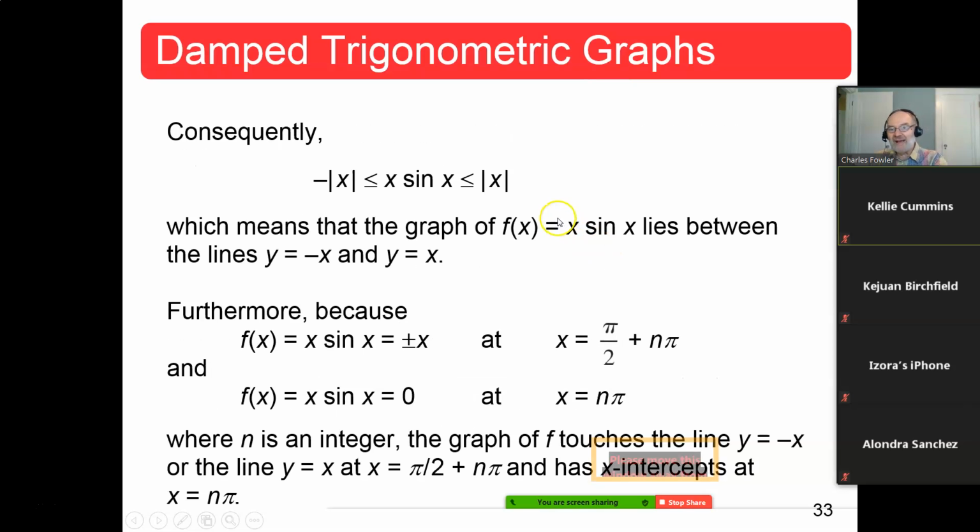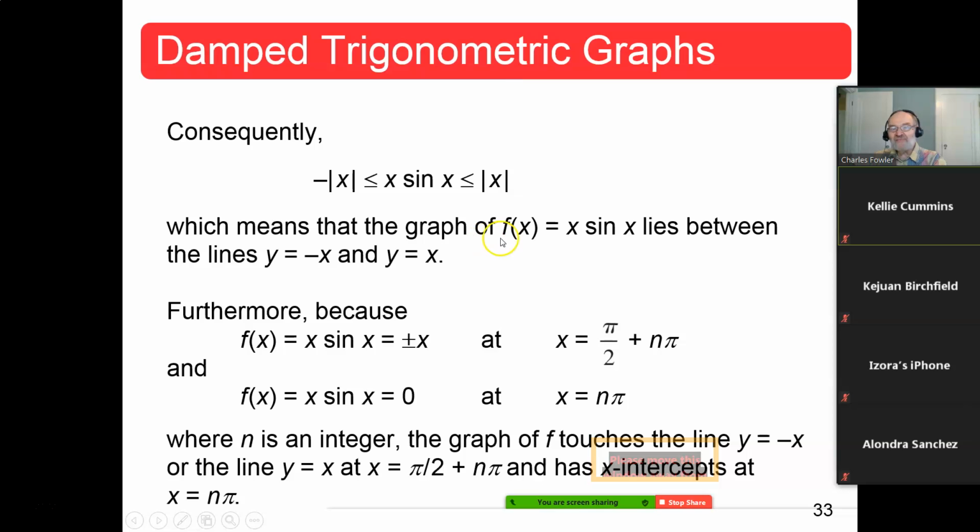So minus absolute value x is less than or equal to sine x, or x sine x. Now you've lost the absolute value bars here, and that's less than or equal to absolute value of x. You just took the absolute value and put it over here. Now sine x is free to be anywhere between that and that, even equal to that.